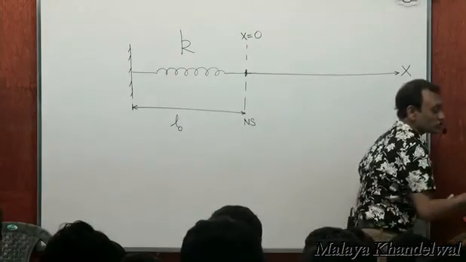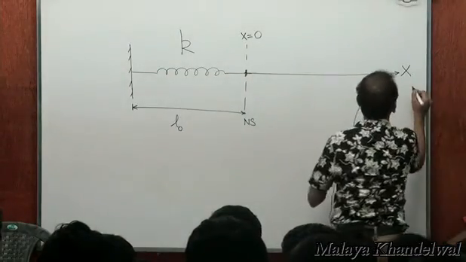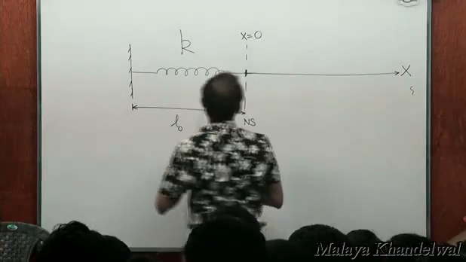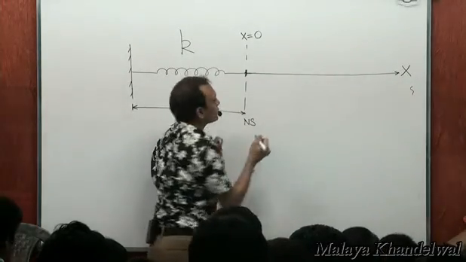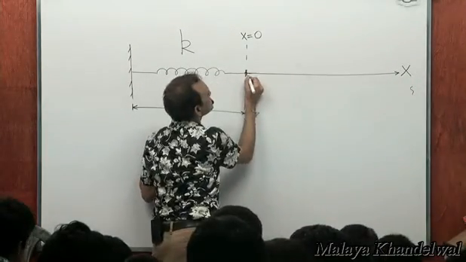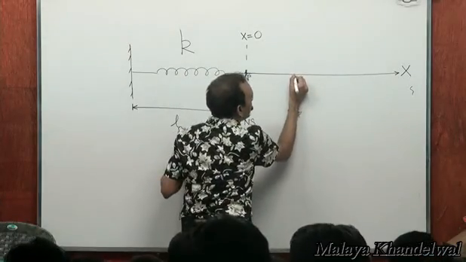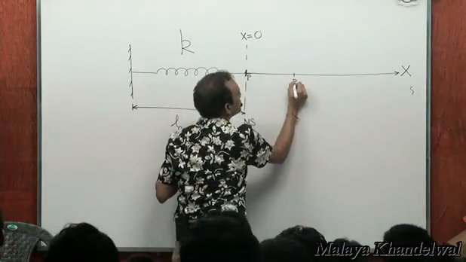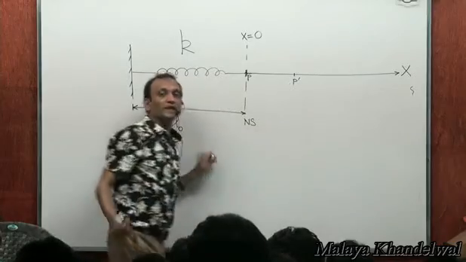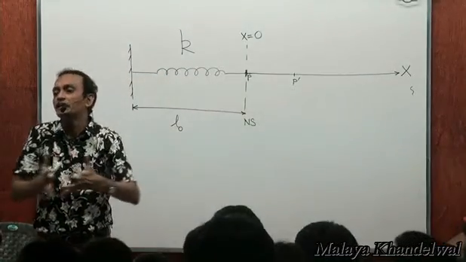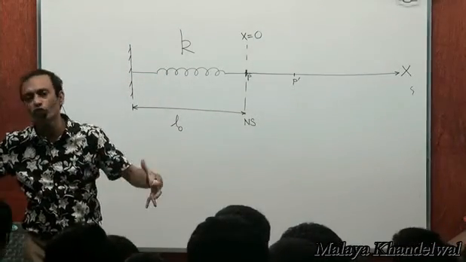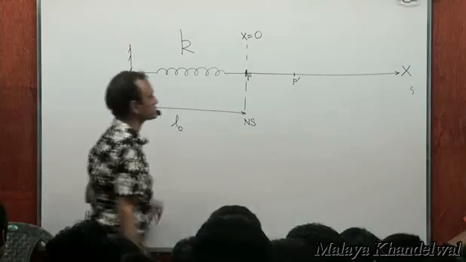If it's a non-constant spring force, let's say at some instant this is the end of the spring, P. After a while, the end P will come to this position, call it P prime, and the spring would have got elongated by an amount x.